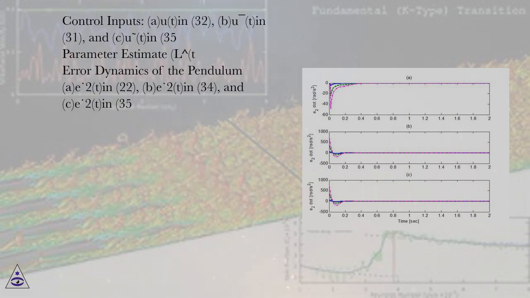Control inputs, A: UT in 32, B: U macron T in 31, and C: UT in 35. Parameter estimate, LT. Aerodynamics of the pendulum, A: E2T in 22, B: E2T in 34, and C: E2T in 35.